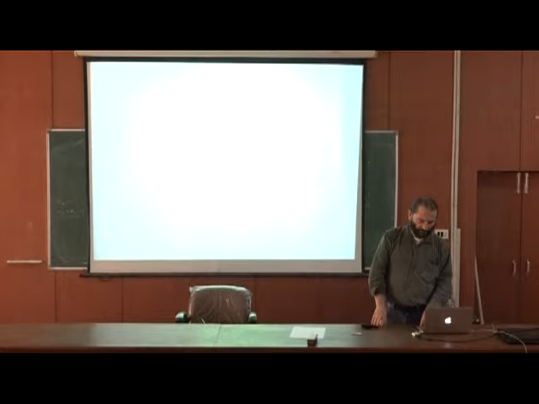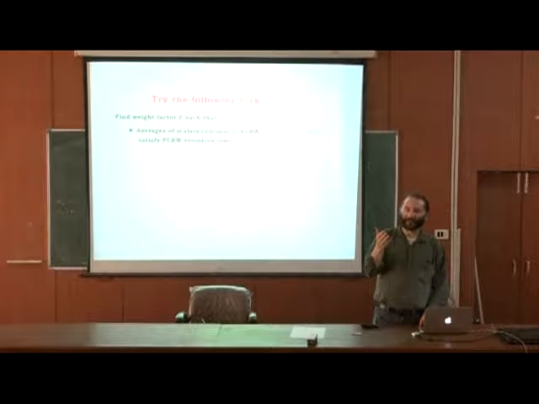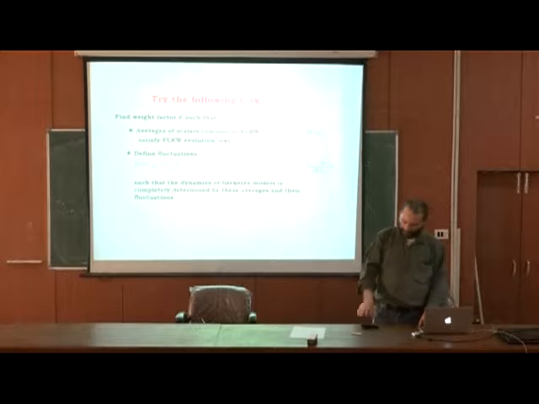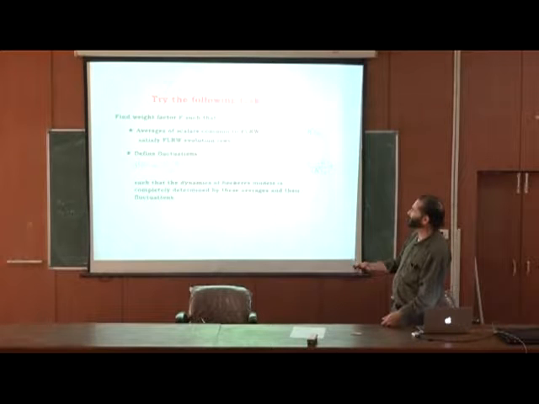Okay, so try the following task then. Find a weight factor so that the average of scalars common to FLRW satisfy the same thing. We are trying to see if we can describe the dynamics of Szekeres models in the same way that we've described the dynamics of LTV models, and it turns out that it's possible. We define the fluctuations, the same thing we've done for LTV models.